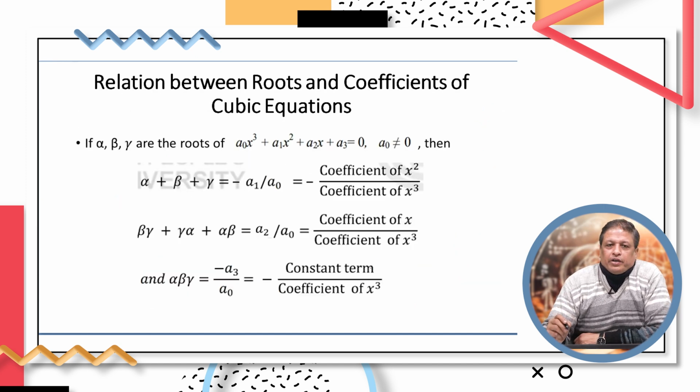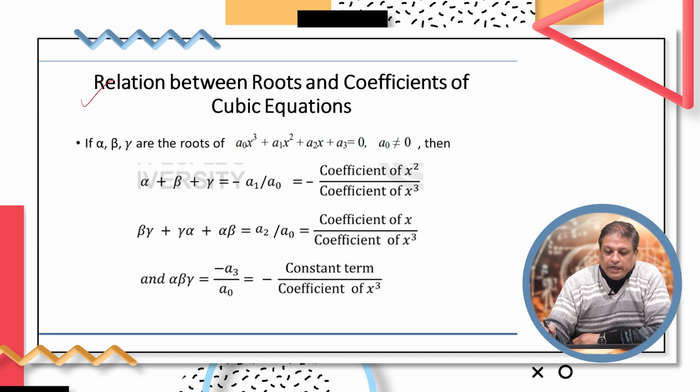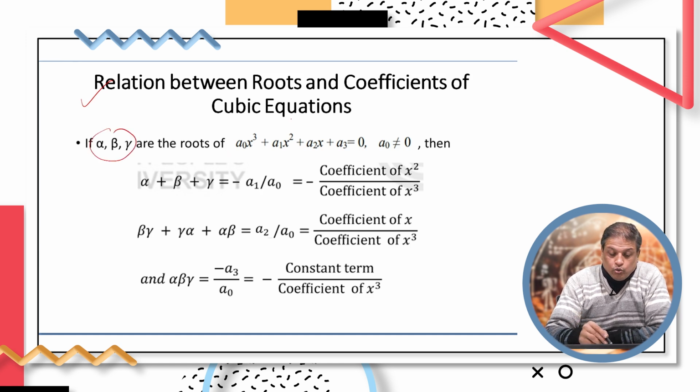Now, without going into the details, likewise as we performed the proof of determining the quadratic formula, we are directly using the relations for the roots and the coefficients of the cubic equation. Say alpha, beta and gamma are the roots of the cubic equation a naught x cube plus a1 x square plus a2 x plus a3 is equal to 0.